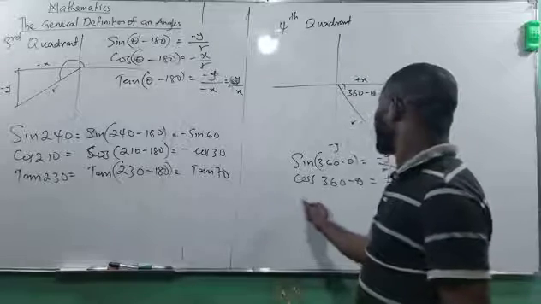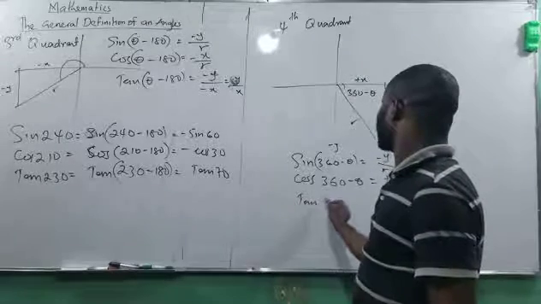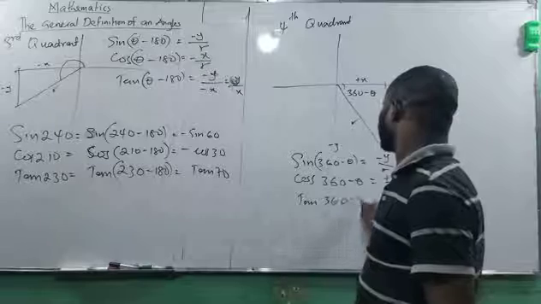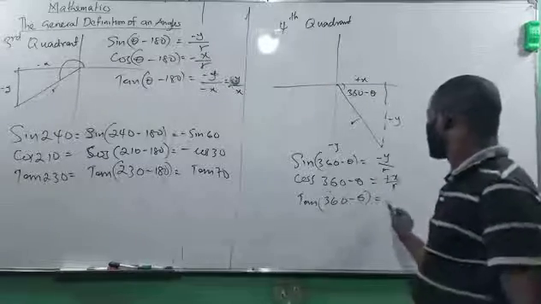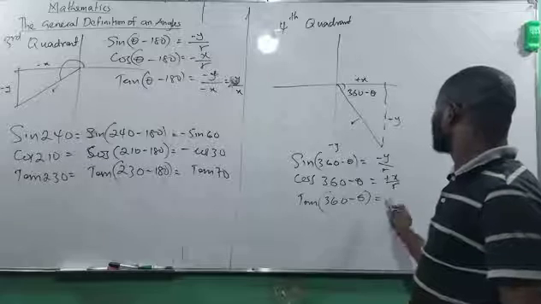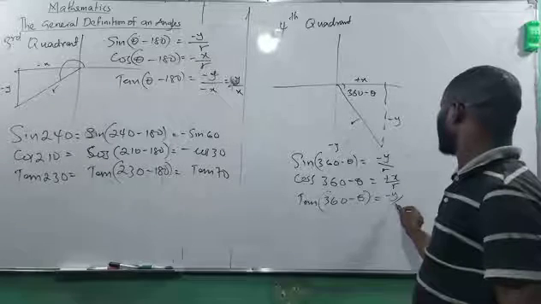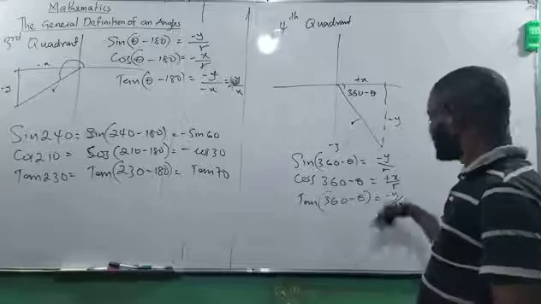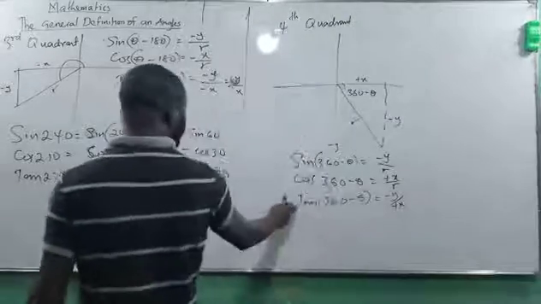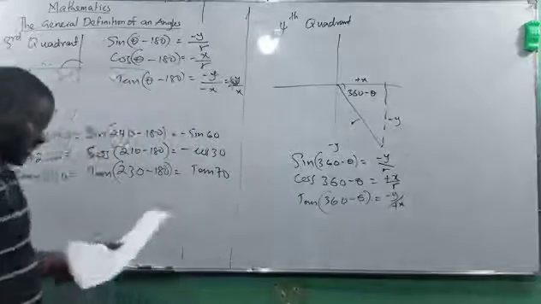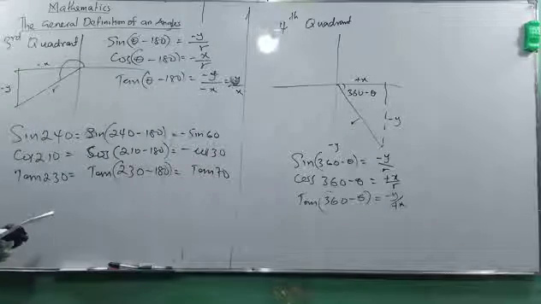And tan 360 minus theta will be equal to minus y all over positive x, which is also minus. Now, can you see only this is positive, this is negative, this is negative? That is the logic behind those things.